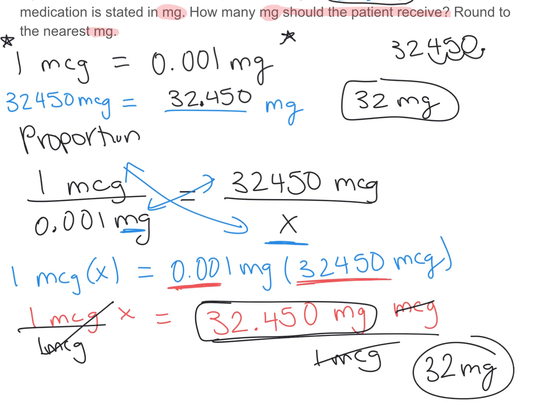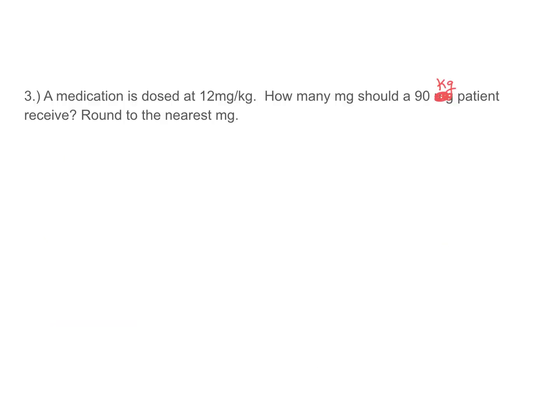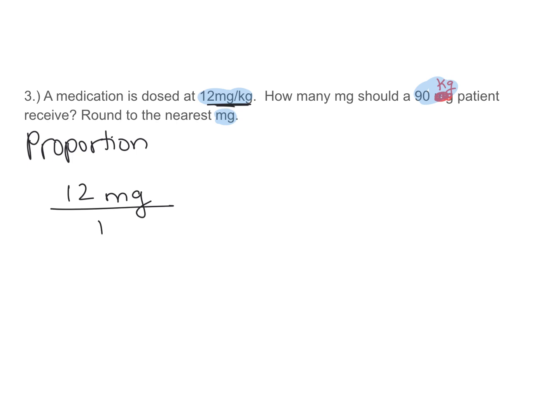All right, let's try another one. Number 3, a medication is dosed at 12 milligrams per kilogram. How many milligrams should a 90 kilogram patient receive? Round to the nearest milligram. All right, this is definitely, I would say, cause for a proportion would be a good way to do this. So I'm going to take what I know, which is 12 milligrams over kilograms.